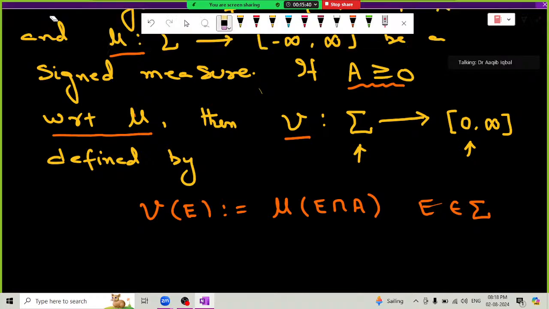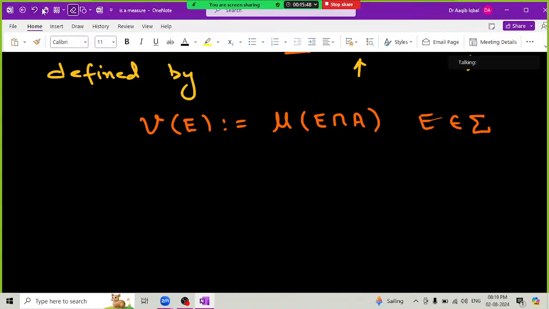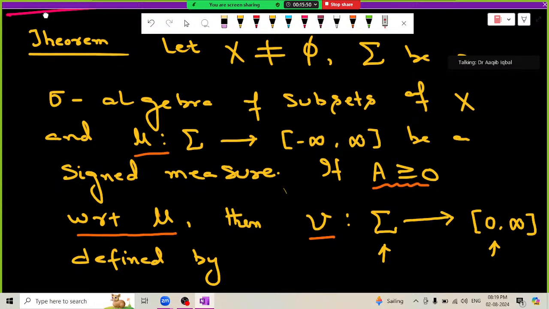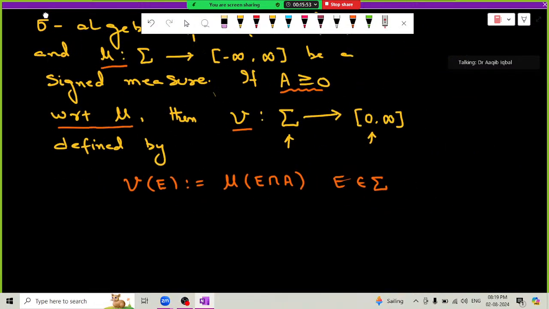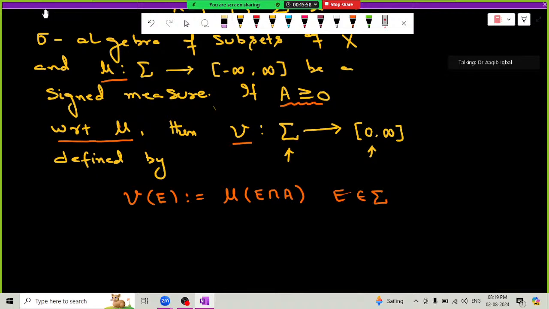ठीक है. ये जो information है मैं इसको as a theorem record कर रहा हूँ. The theorem says this function nu, which is defined on sigma algebra, takes values in 0 infinity and is defined like this, is actually a measure on the sigma algebra, capital sigma.